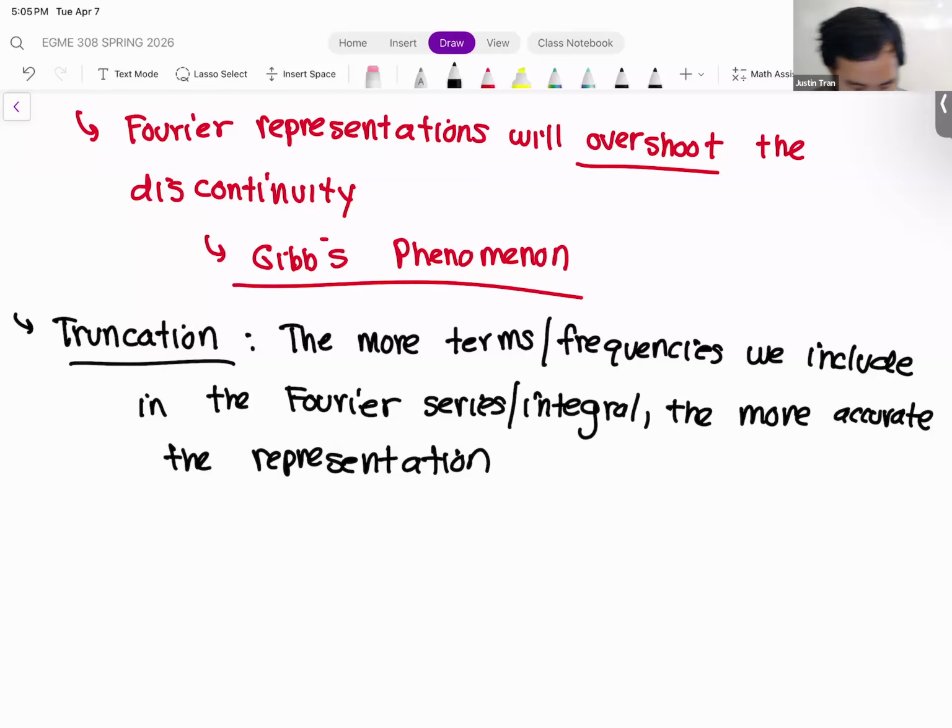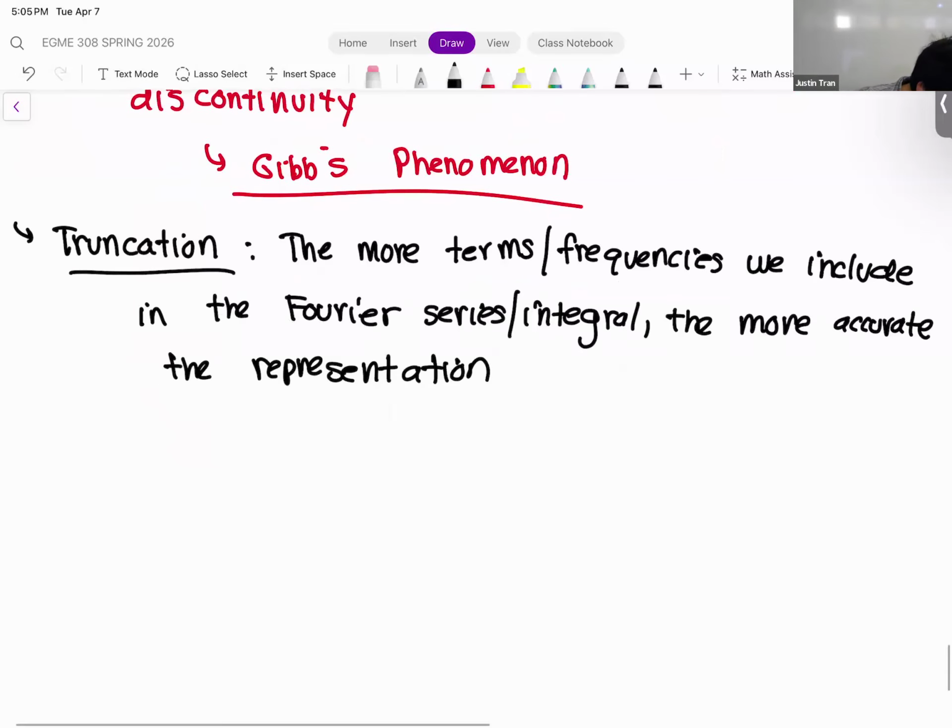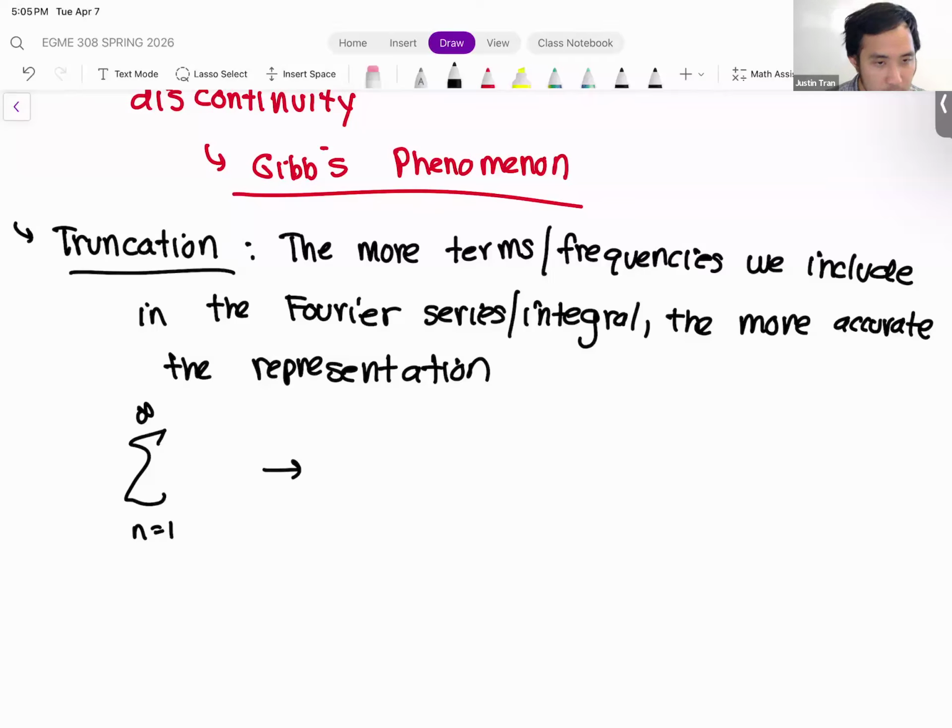So we take our infinite summation, and we say that we can't sum to infinity because we don't have an infinite amount of time. We're going to cut this off at some value n, where n is some value less than infinity, but hopefully good enough. And the higher the value of n, the more accurate your representation is going to be.